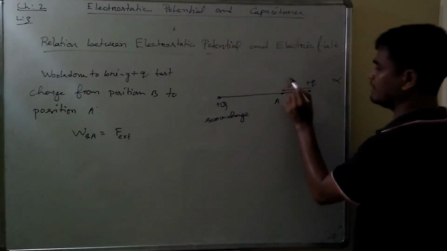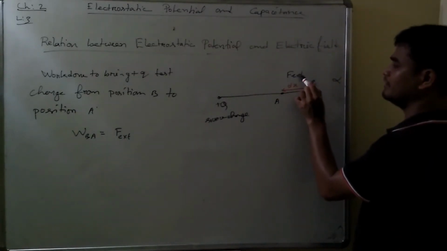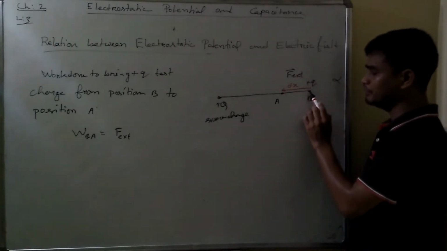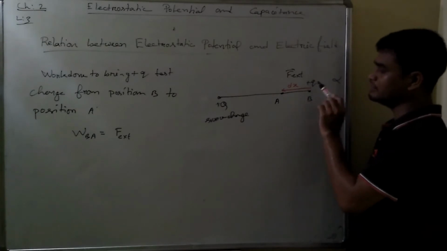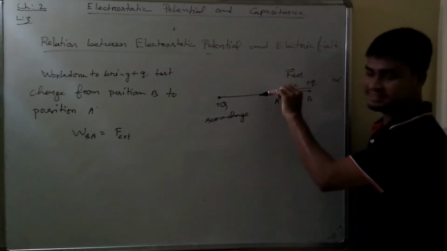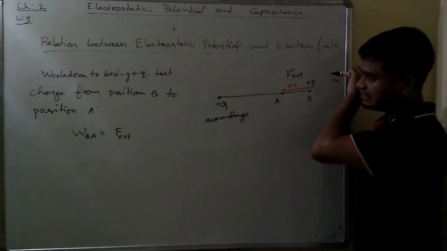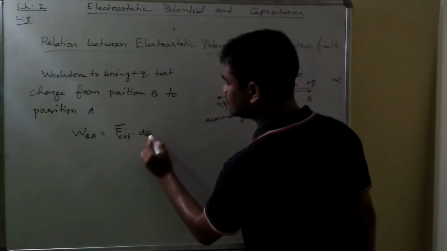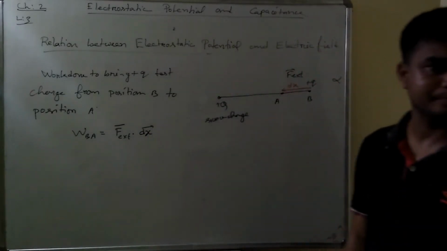We apply an external force F towards this direction to bring the charge from B to A. This dx is in this direction, and the external force is in this direction. Therefore, work done is external force into dx displacement.